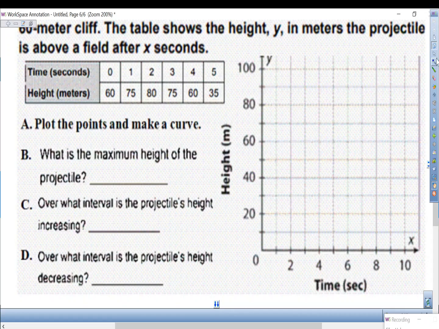So imagine you're up on the cliff and you're about to launch a firework up in the sky. Where do we start? We're up on the cliff, so we're up high at 0 seconds. We are already at 60 meters. So plot your point at (0, 60). As soon as you fire it up, it starts going upward. After 1 second, we are at 75 meters.